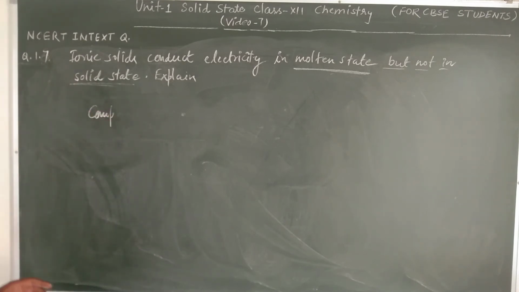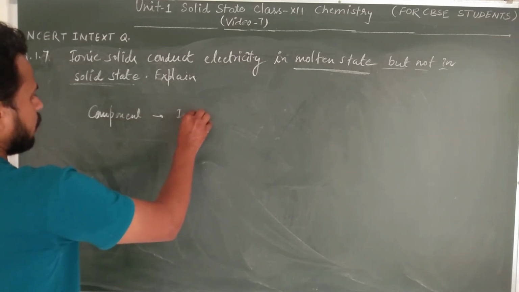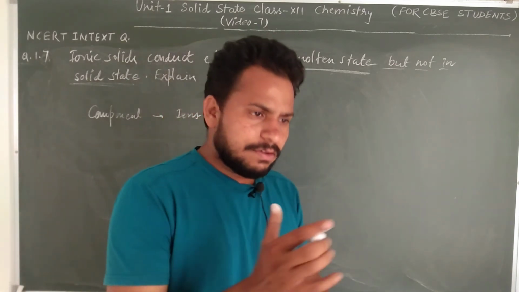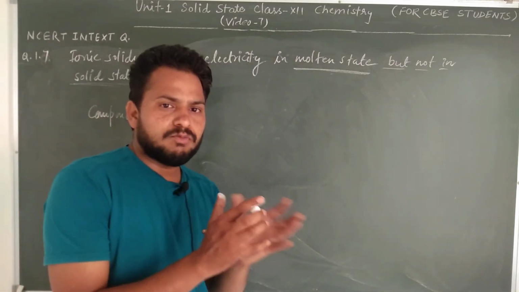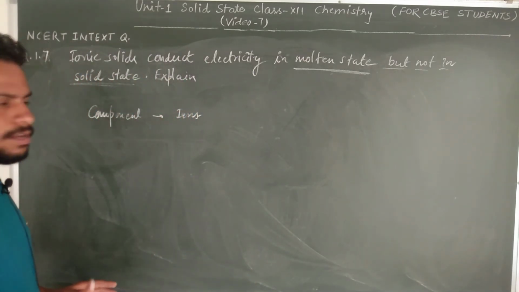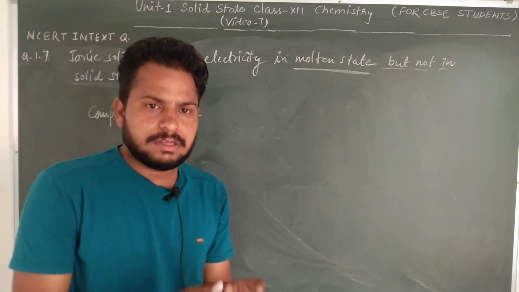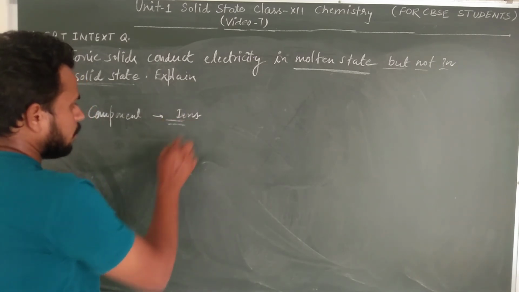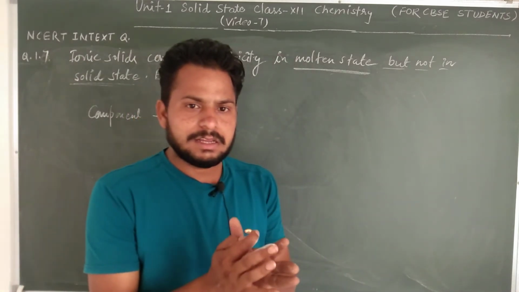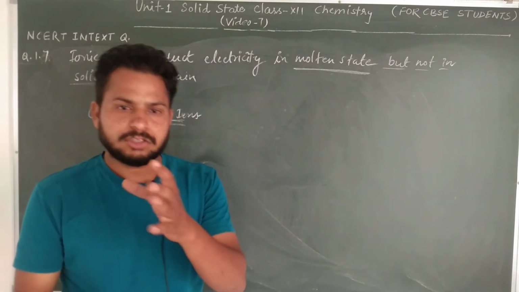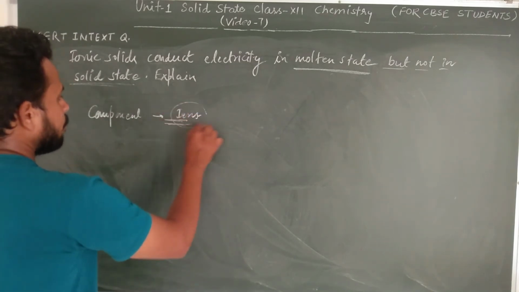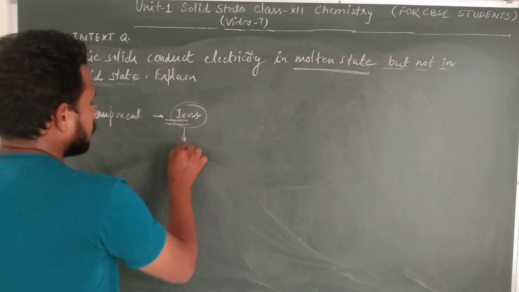In ionic solids the constituent particles are ions. Now we all know that if ions move freely, they conduct electricity very well. If ions do not move easily, they conduct electricity poorly. If the ions are free to move, they can conduct electricity, because they carry charge, they are carriers. So electricity will be conducted. If the charge is bound or stuck, then electricity does not conduct.